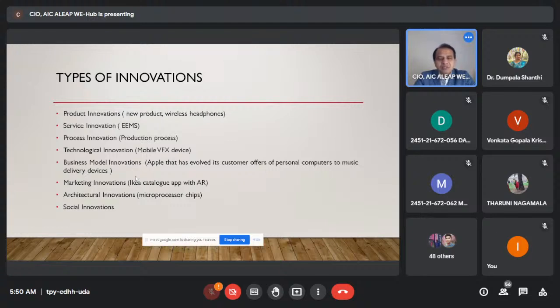Process innovations. Process innovation is also referred to as the production process, where you have several stages of processes which can be split into several parts, and then you can even patent the process innovation. So it is referred to as a process patent. So the process patent can be taken up.